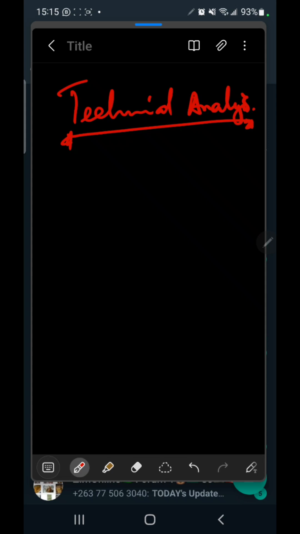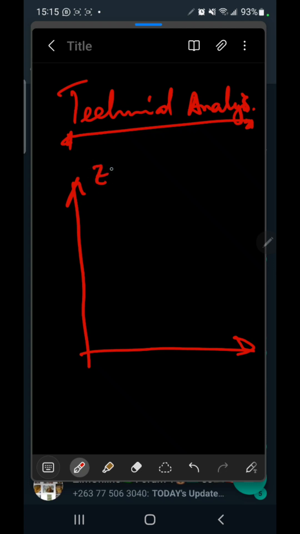So maybe I'm going to give an illustration now. Of course, our very example where we were using the Zim dollar versus the Nigerian naira. Okay, so remember, people, this is our time and this is our price or rate.